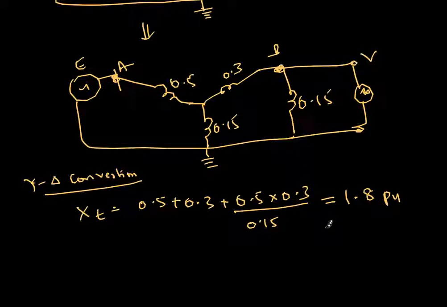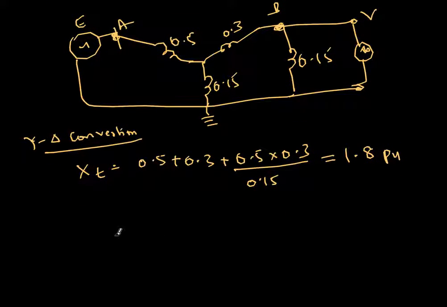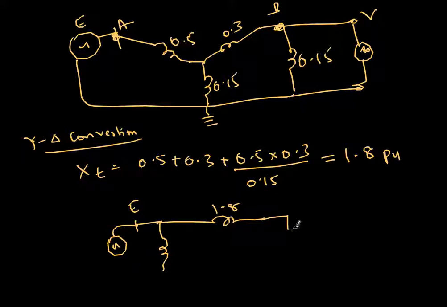So if this is 1.8 per unit, I can just redraw the drawing now. So this is E. There will be some impedance that we did not calculate. This is 1.8, and then this one I know is 0.15. This one is not required here. This is 1.8 per unit, and then finally I have the V here.